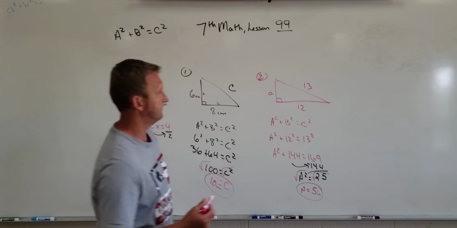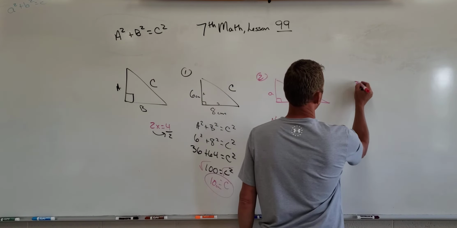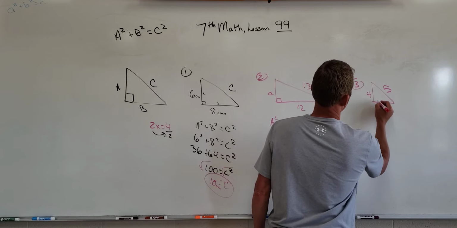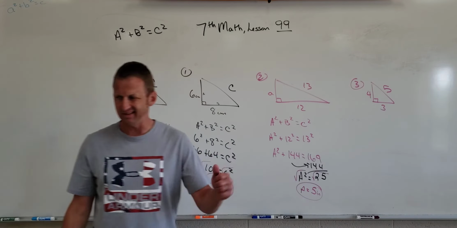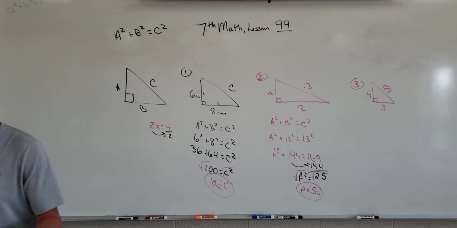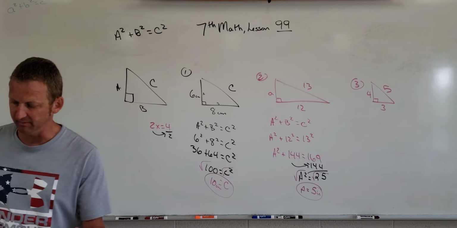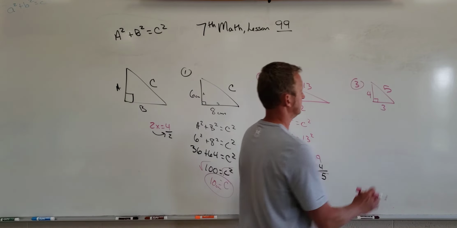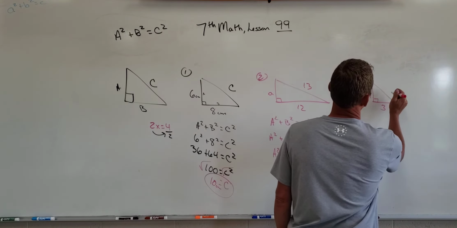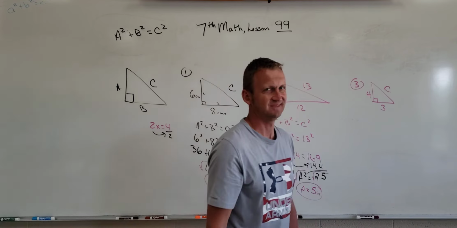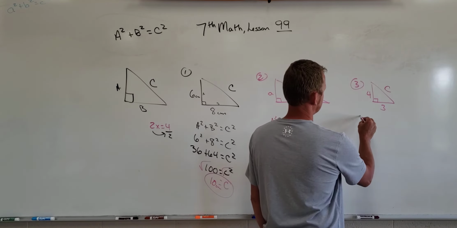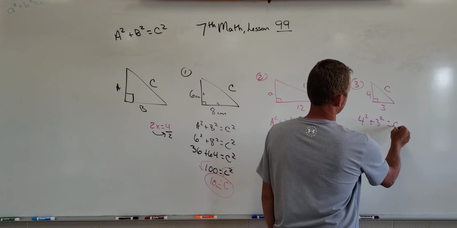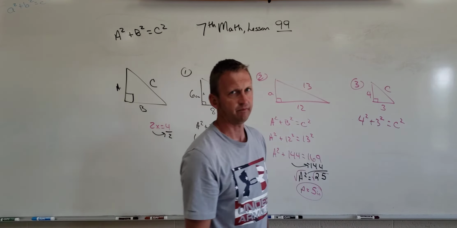Pay attention to Example 3, we have another triangle. But in this case, we're not just finding the missing side, it wants the perimeter. I gave you a heads up on that one. So, A squared plus B squared equals C squared.